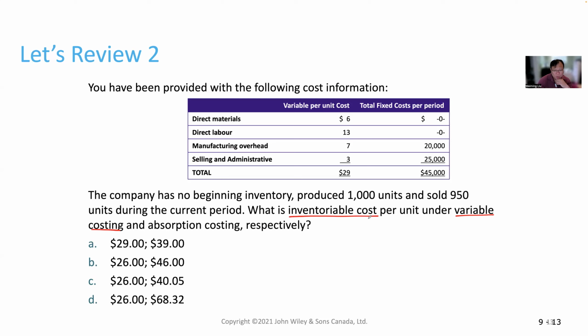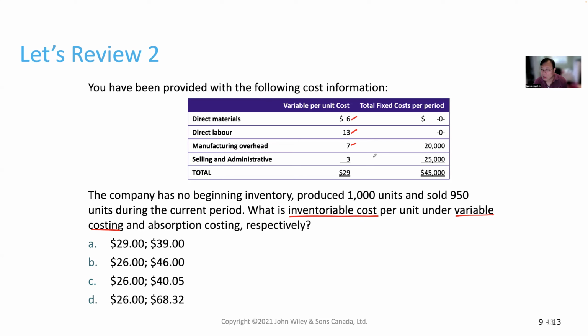So that would be this one, and this one, right? So together, that would be $26, right? $26. So you may wonder why selling and the admin $3 is excluded, right? That is excluded because that is not an inventoriable cost.